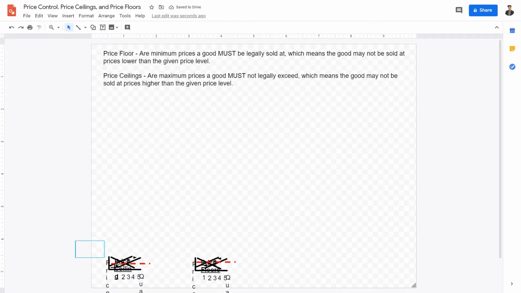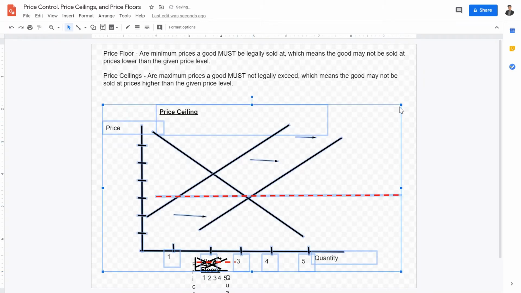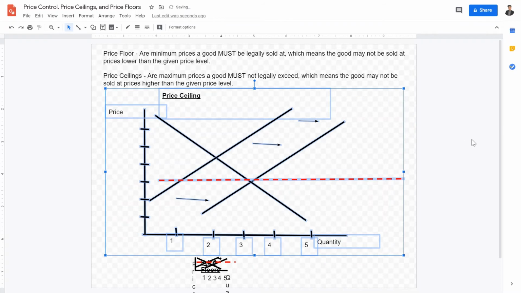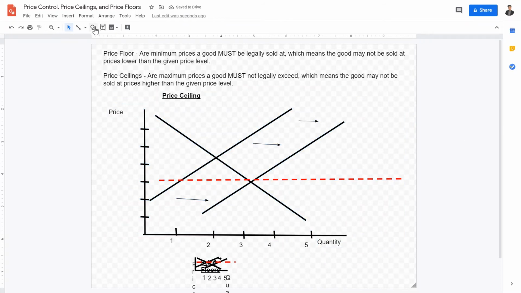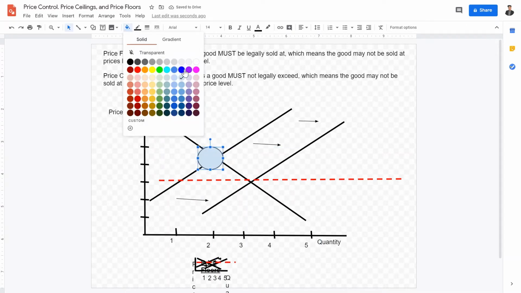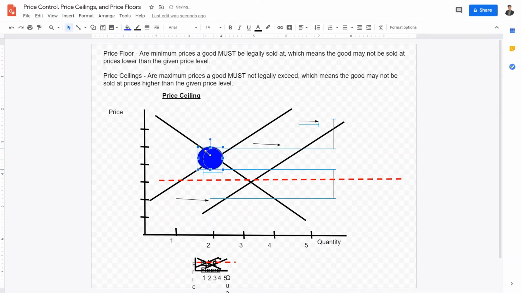Now, what does this look like in graphic form? Let's blow this image up a bit. Right here is an illustration of a price ceiling. This initial blue point shows the free market equilibrium.